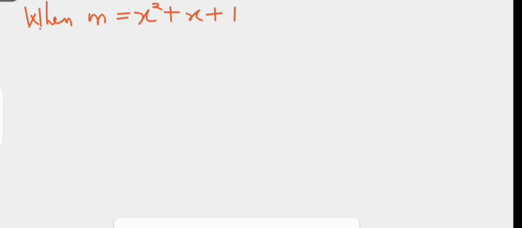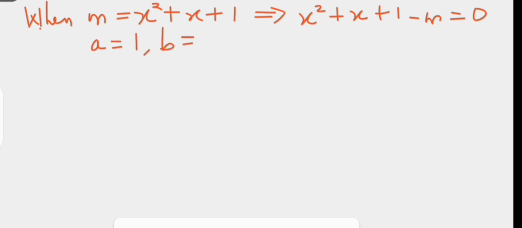Then when m equals x squared plus x plus 1, this can be rewritten as x squared plus x plus 1 minus m equals 0, where a is 1, b is 1, the coefficient of x, and c is 1 minus m.